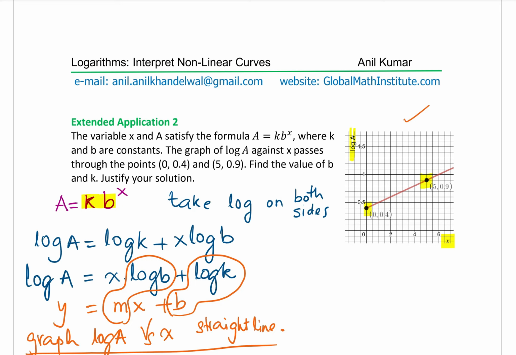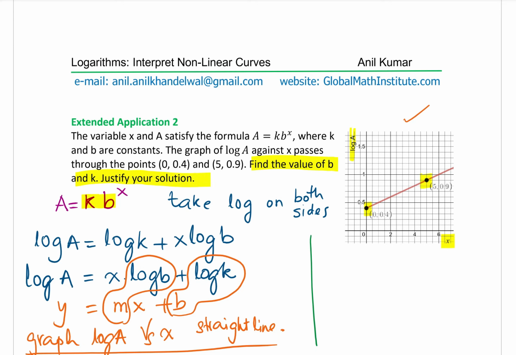So that's the key. So I'd like you to now pause the video and find out the value of b and k, which is part 2 of this particular question. And then we have already justified our solution, but now let's try to figure this out.